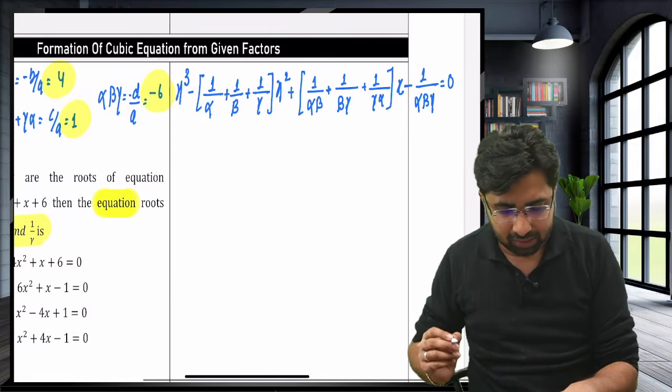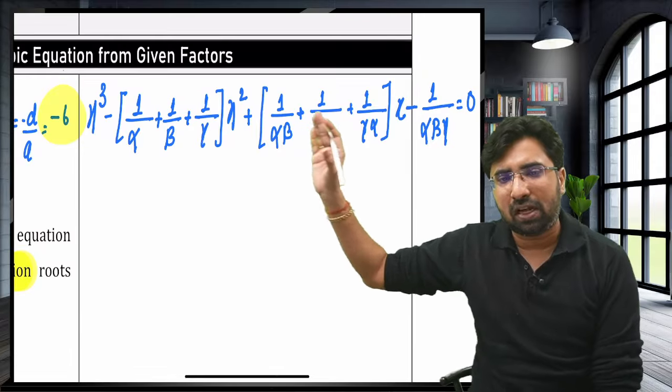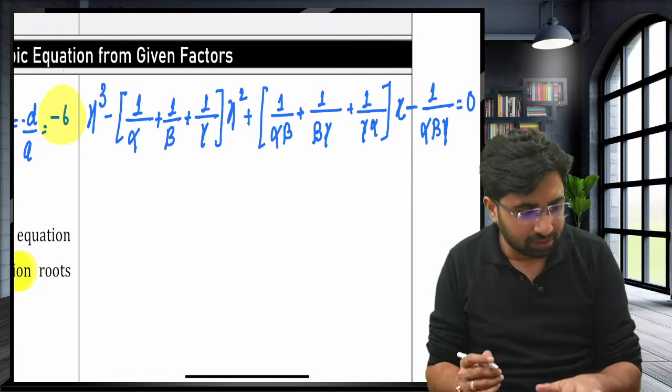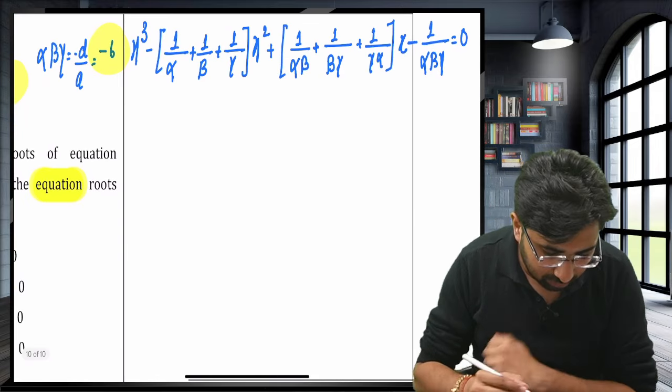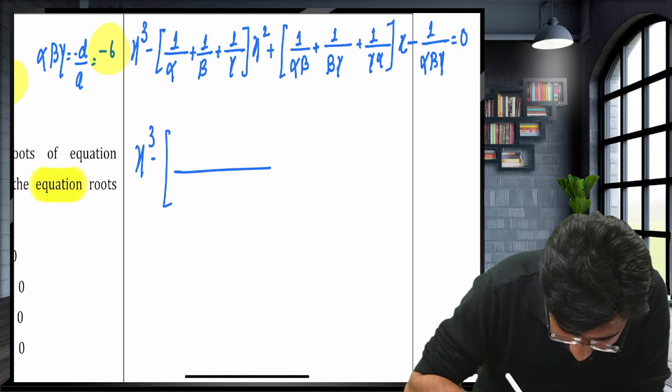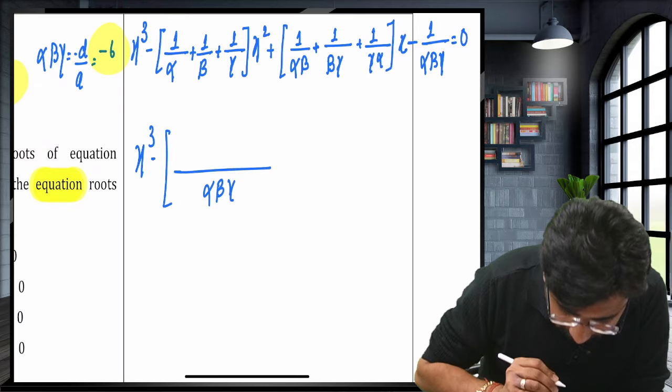Aman sir, here we need to put the values of all these into numbers. First you have to proceed a little bit. You have to say x cube minus, take the LCM alpha, beta, gamma.